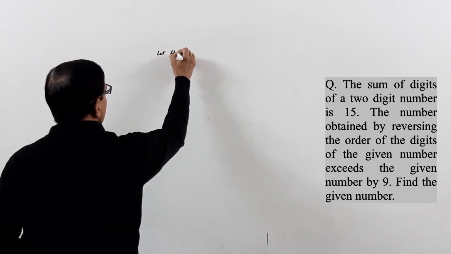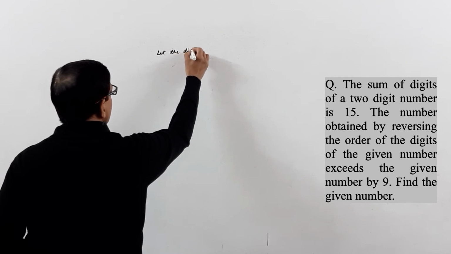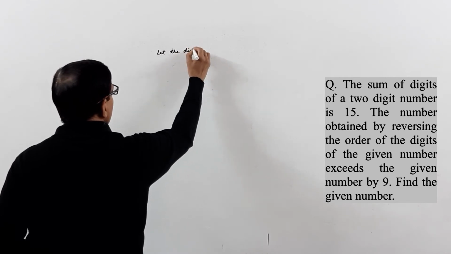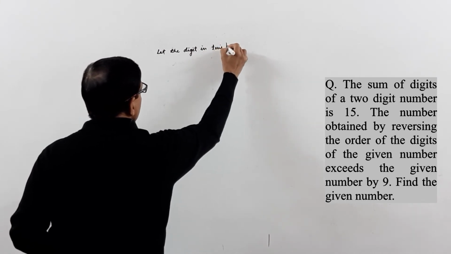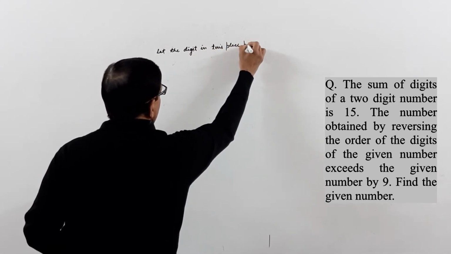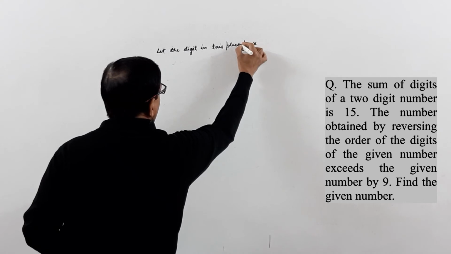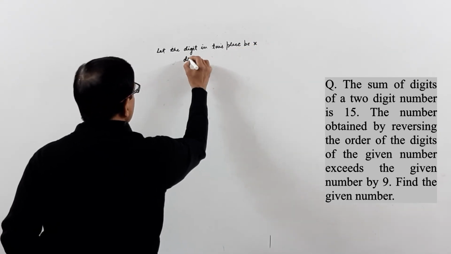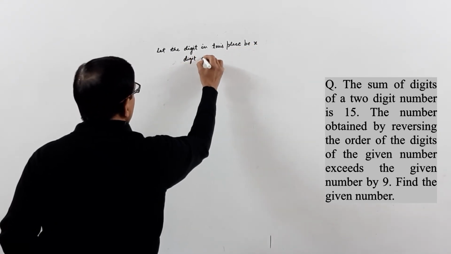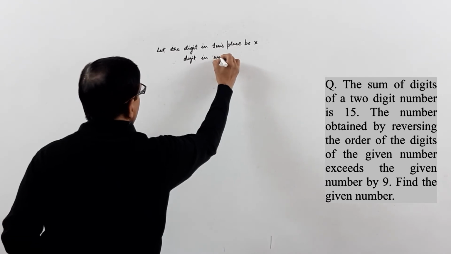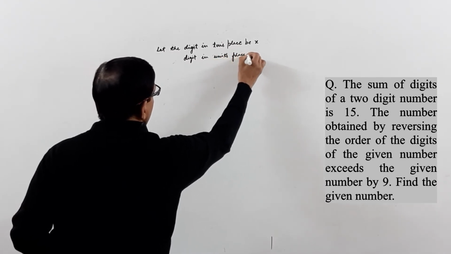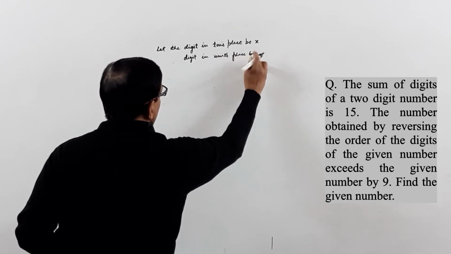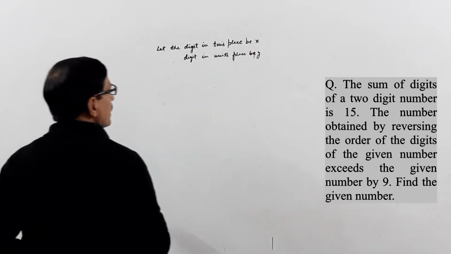Let the digit in tens place be x and digit in units place be y.